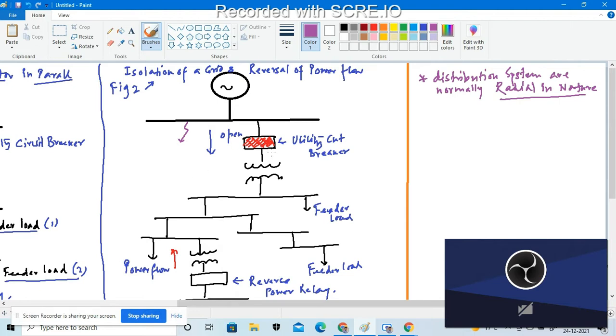That circuit breaker is connected across this particular grid on the utility side. Okay, if any such fault appears in the utility side.